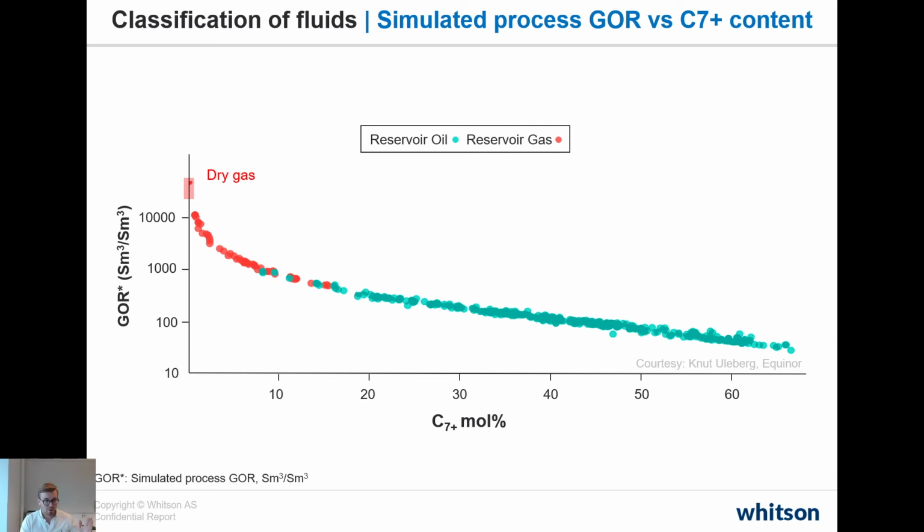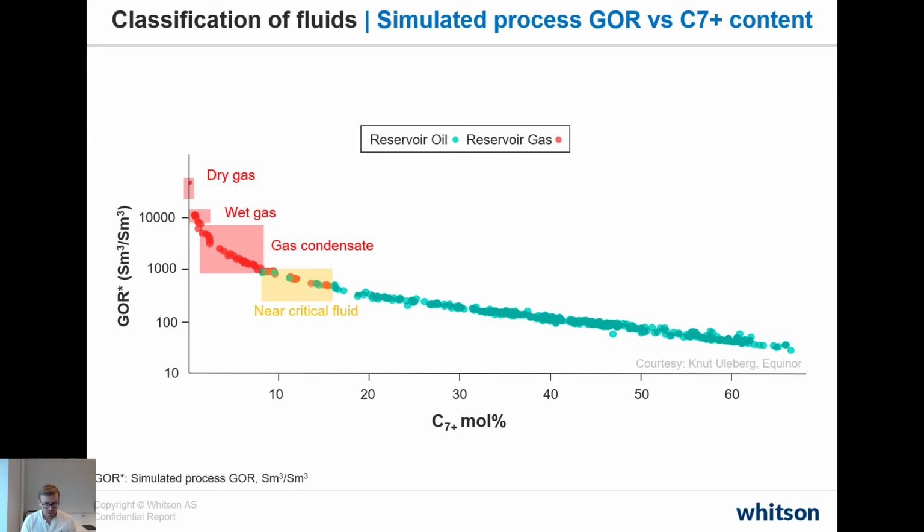Here we have a very high GOR gas that can be categorized almost as a dry gas. We have a wet gas in this neighborhood. Gas condensate maybe between these branches right here. Near critical fluids in this region, we have an overlap of bubble points and dew points, and there will be also some overlap between these different definitions.